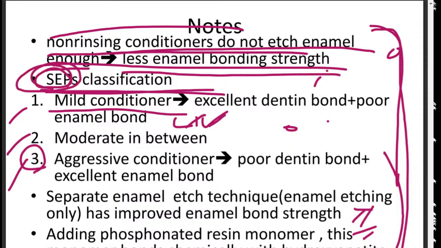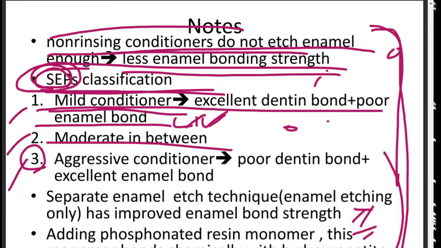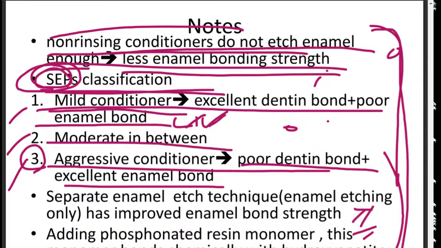Nourishment condition: self-etching primers, mild condition, excellent dentin bond, poor enamel bond. Moderate, in between. Aggressive conditioner, poor dentin bond, excellent enamel bond. And this is the problem with the 6th generation.